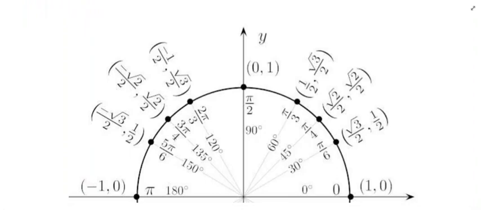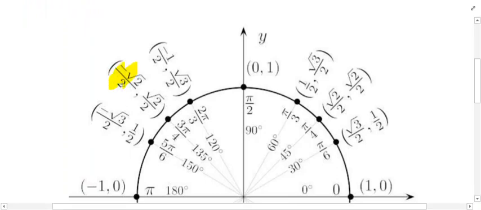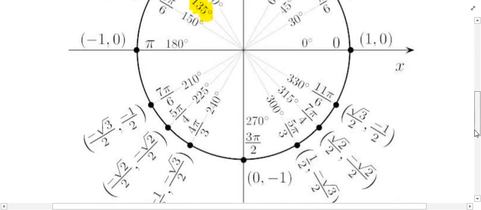Well, if your y value is equal to your x value, but they have opposite signs. Like right here, if you take the y coordinate and divide by the x coordinate, you're going to get -1. And so 135 degrees is going to work. Then in the fourth quadrant, 315 degrees is going to work, because again, if you take the y coordinate and divide by the x coordinate, you're going to get -1.